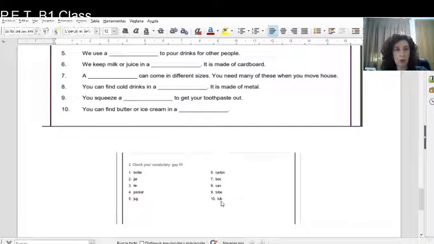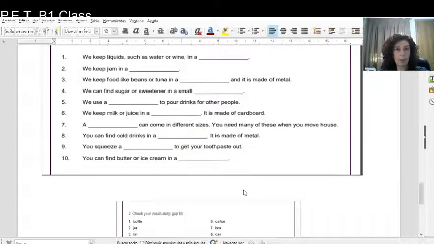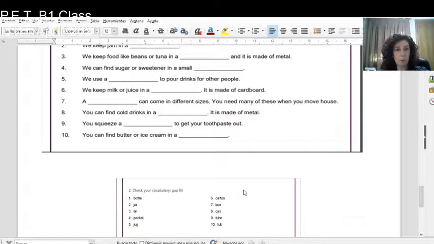And 10, a tub of butter or ice cream. Well, how was it? I think maybe they are new for you, but you can have a look. These are the answers for the vocabulary I prepared for you to improve.